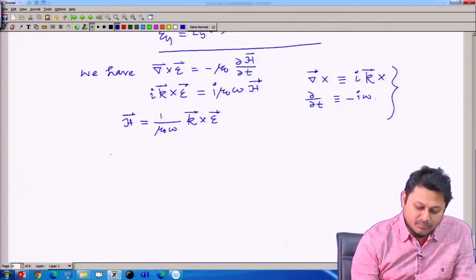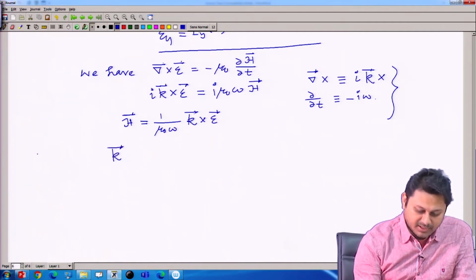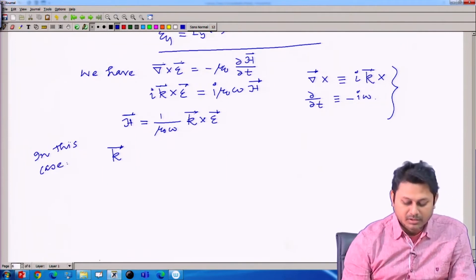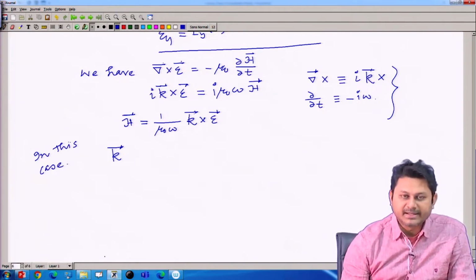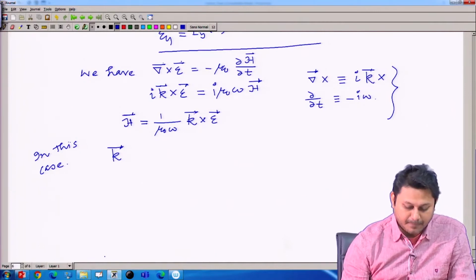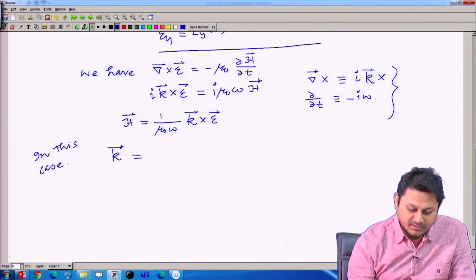Now, I know my k, this is the general form, but in our case, when the wave is propagating for the slab waveguide along z direction, the k is beta z.